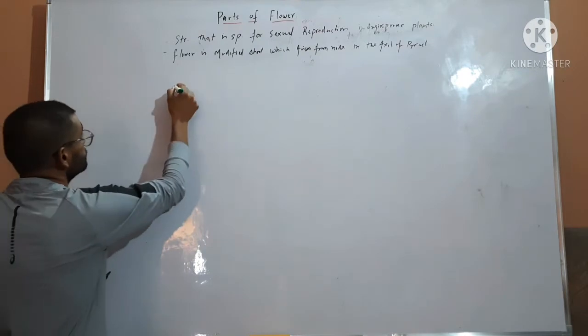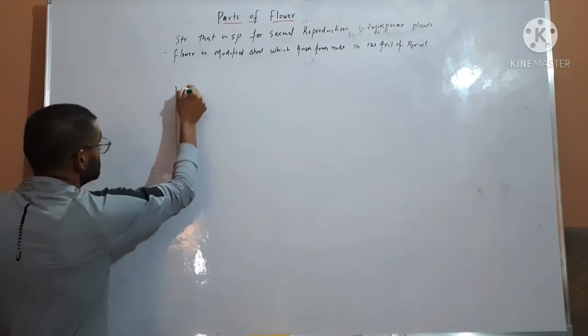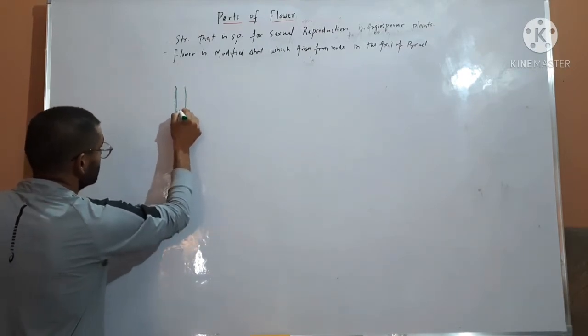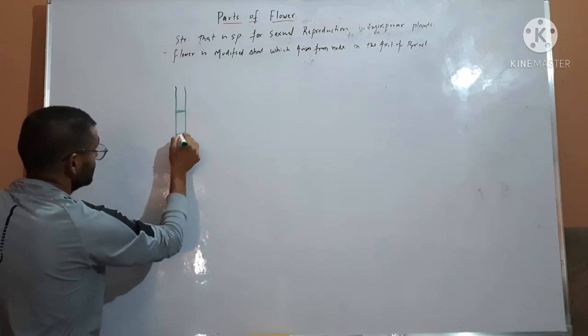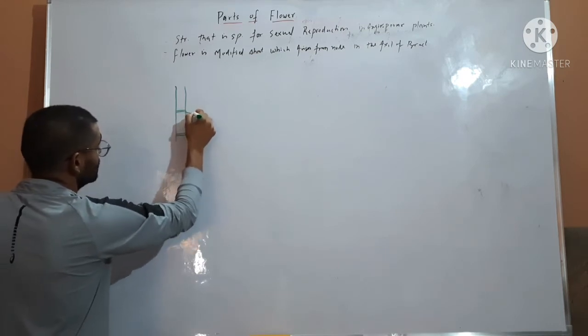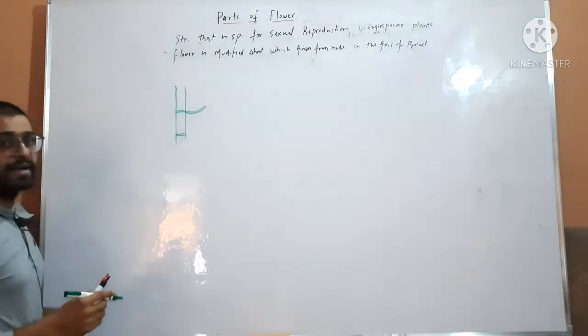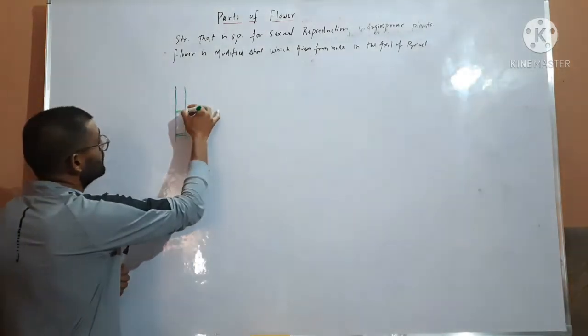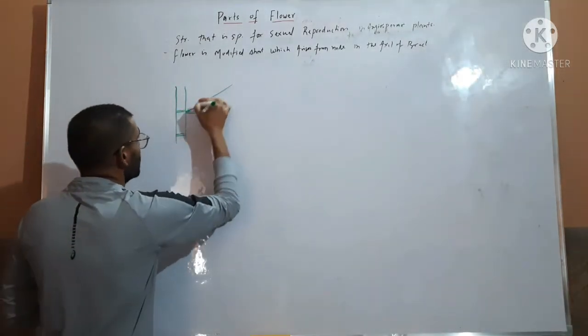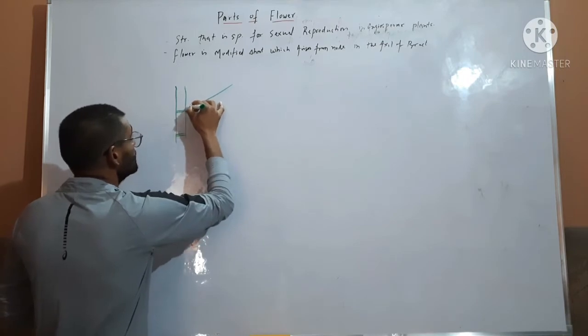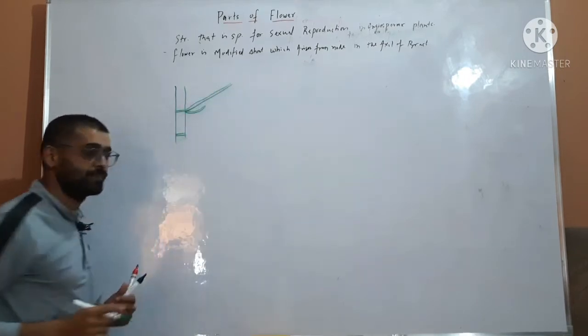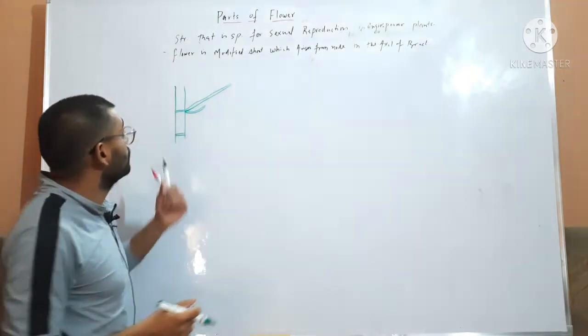Suppose this is a branch, here is a node. So the flower arises from the axil of this bract at this node, and the branch of the flower is called pedicel.